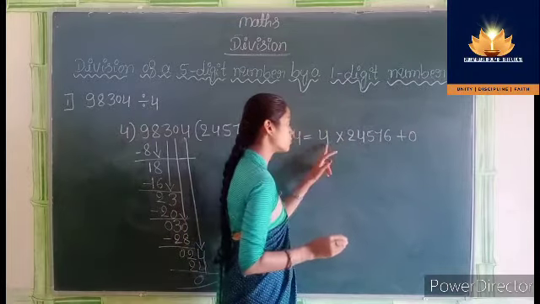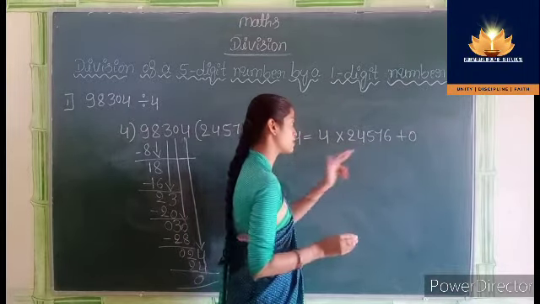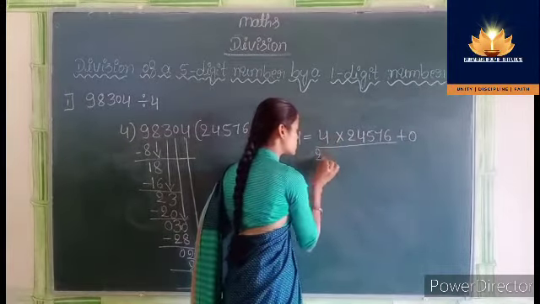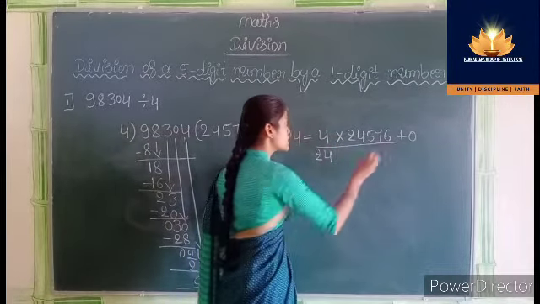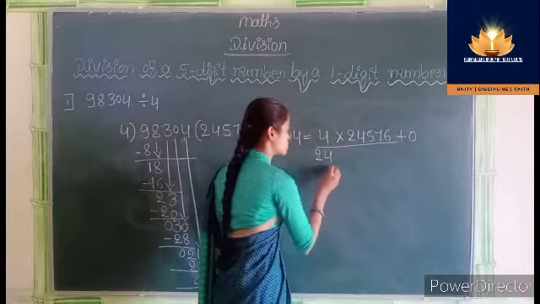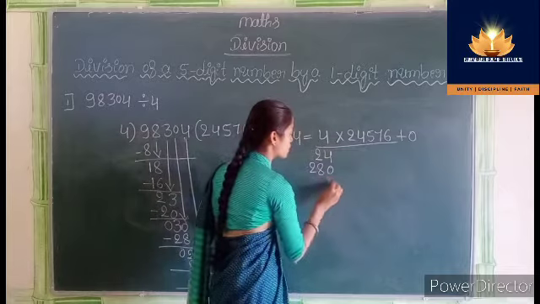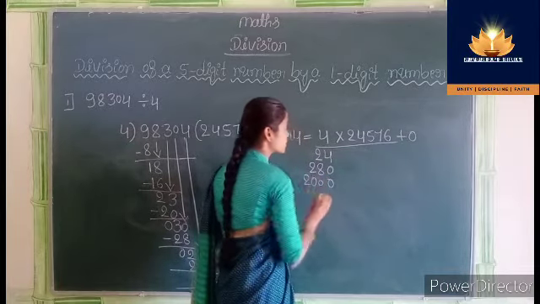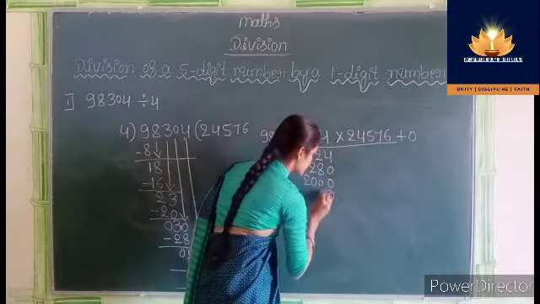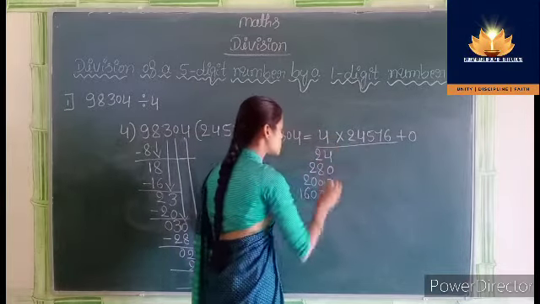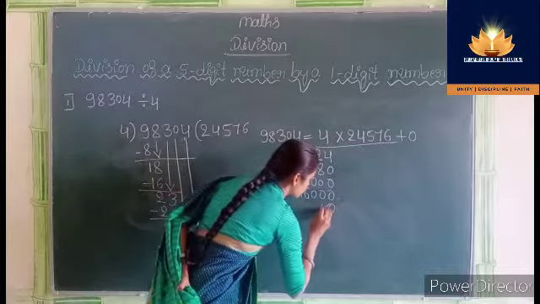Multiply 4 by this 24,576. 6 fours are 24, 7 fours are 28, 5 fours are 20, 4 fours are 16. Then 2 fours are 8.